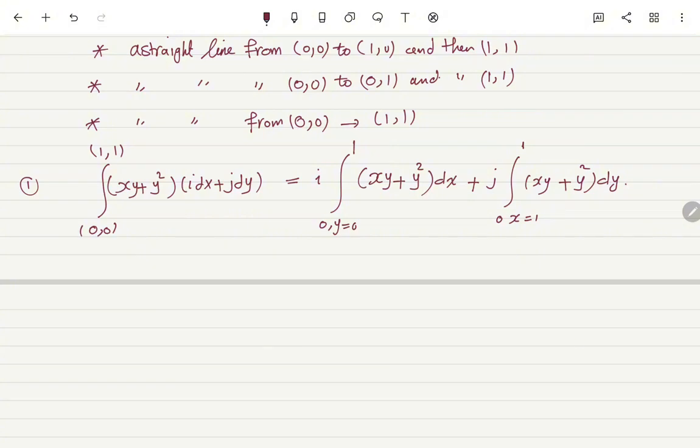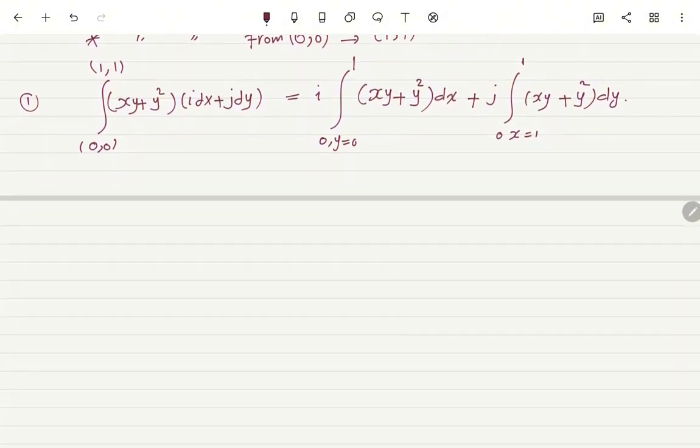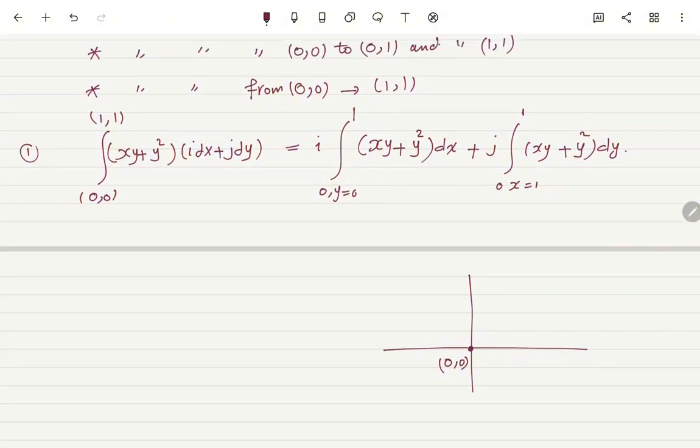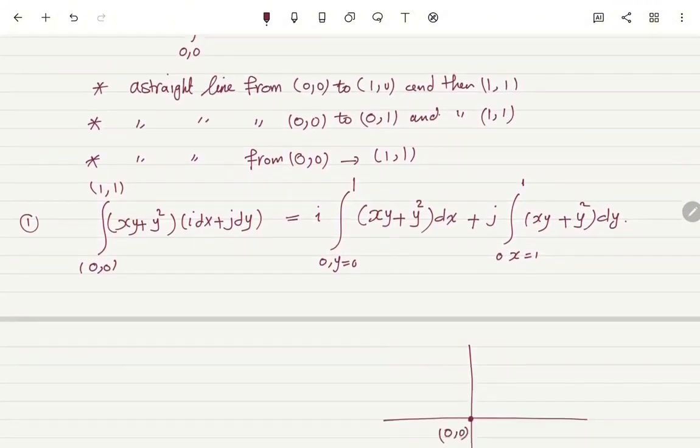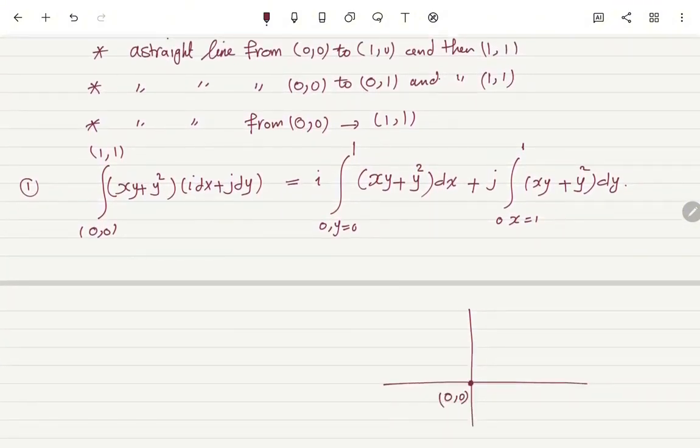Now the reason we identify this one here is, here are the coordinates we have. This one here is 0 0. Now the first path, straight line from 0 0 to 1 0, so you move right here. This is 1 0 and moving to 1 1.